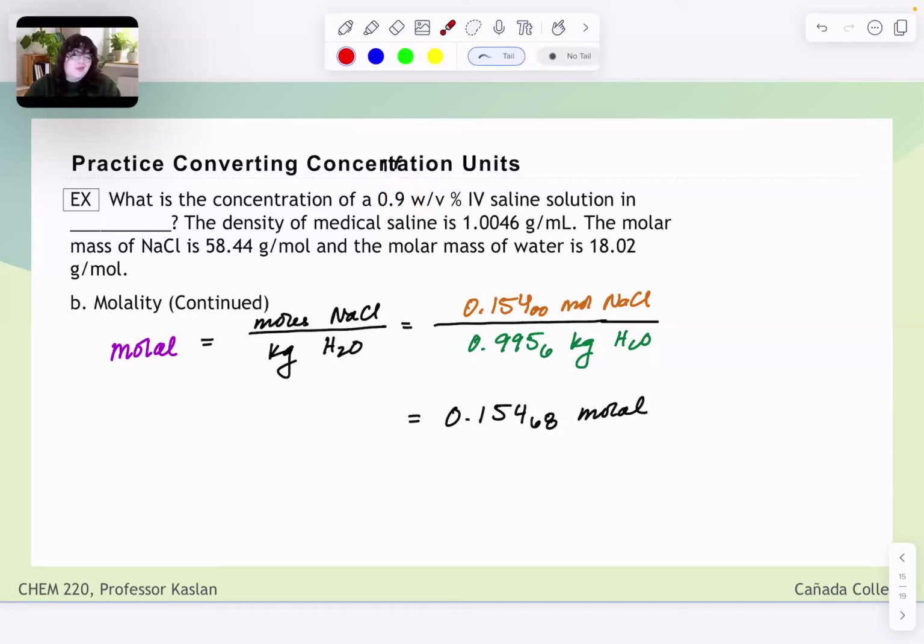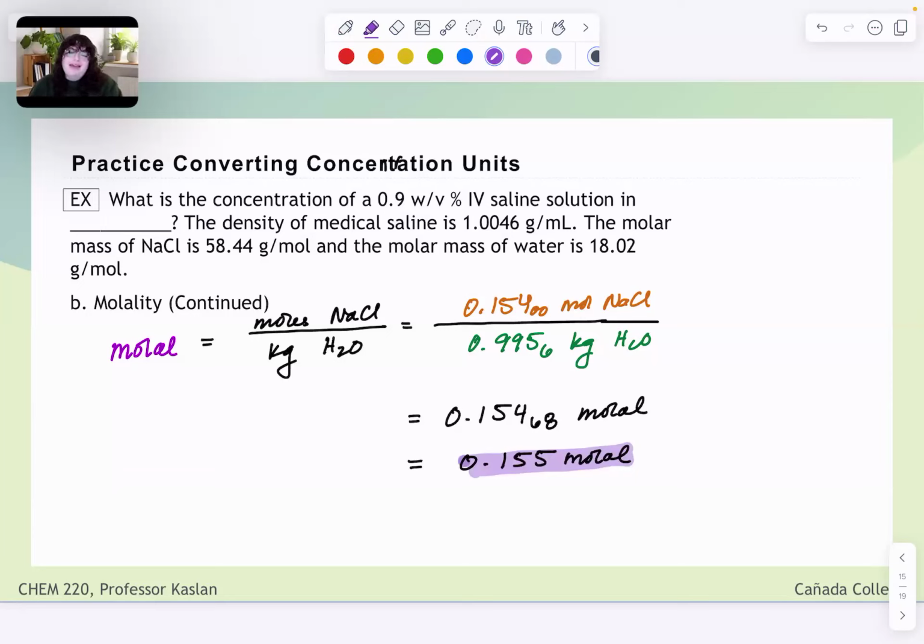So let's just use 3 so that we can make a nice distinction between molarity and molality, because oftentimes their values are similar. So our molality is 0.155 molal, rounding up. So that is our molality.